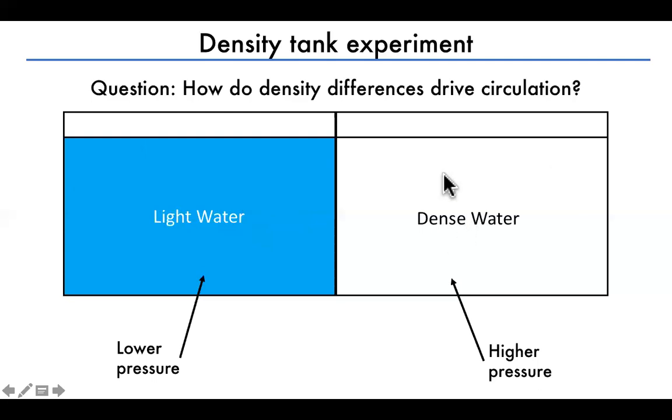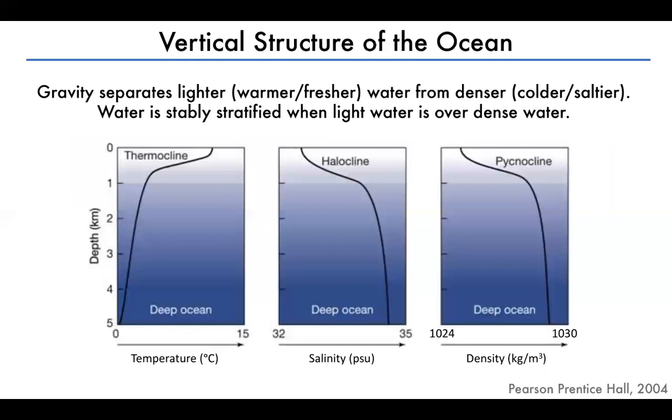And then once you don't have that external force holding the water up anymore, it relaxes and you get this small scale overturning circulation. And the important idea here is that the ocean is always tending towards a gravitationally stable configuration. So we're always moving towards a situation where the lighter water is on top and the denser water is on the bottom.